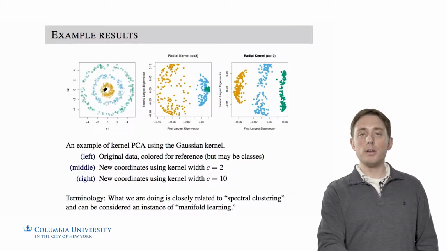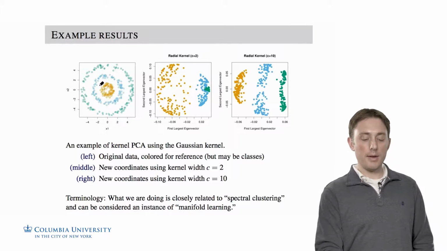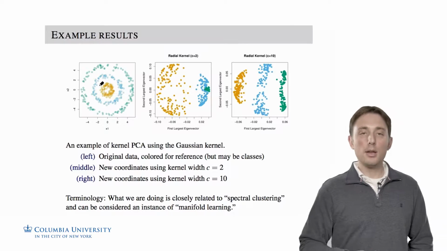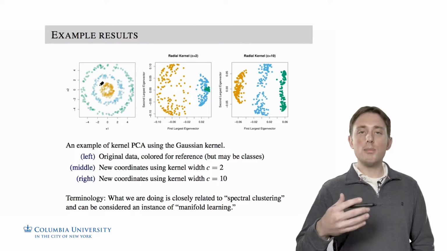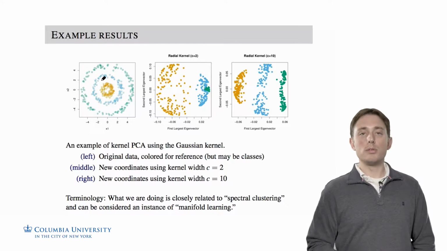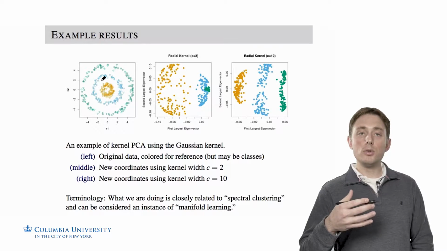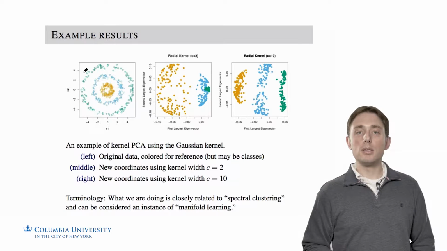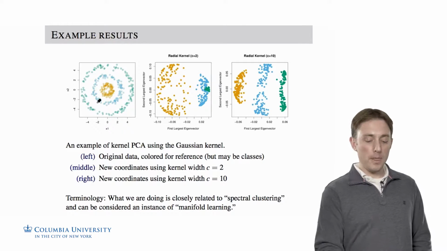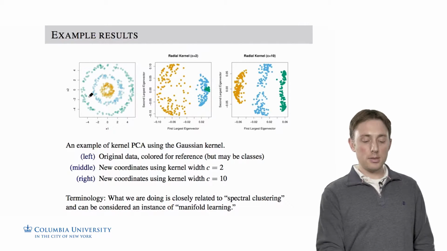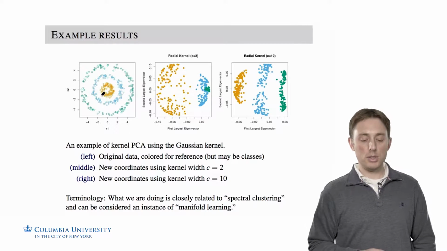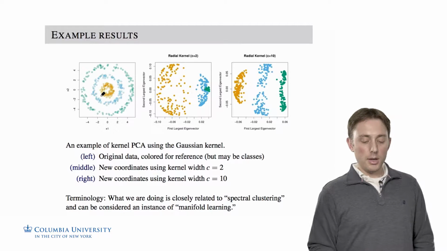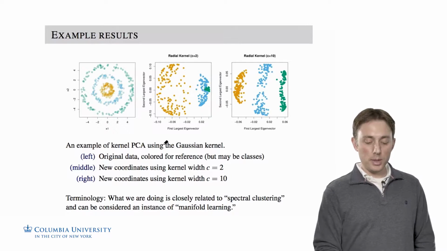Perhaps there would be a rotation, but the data would essentially have the same relation to each other. Now, if we want to somehow separate these 3 rings from each other, what we might want to do is take these data points and project them into a higher dimensional space, and then do PCA there. That's going to allow us to perhaps separate these 3 rings from each other. And so that's what we did here.